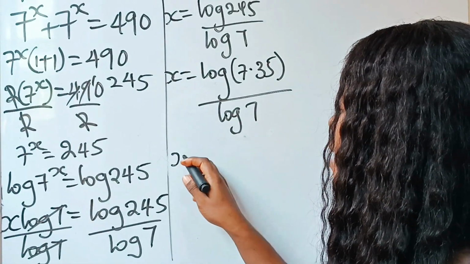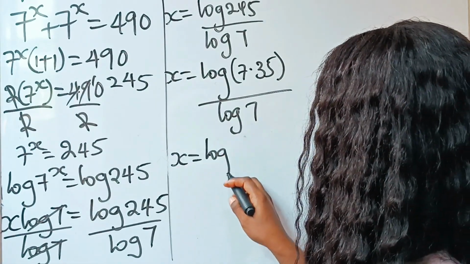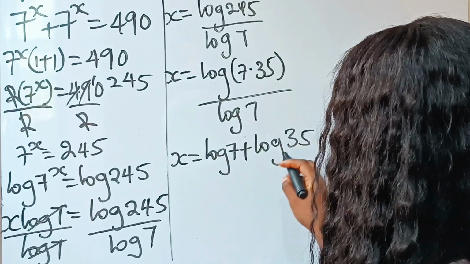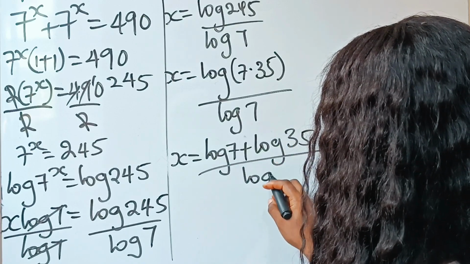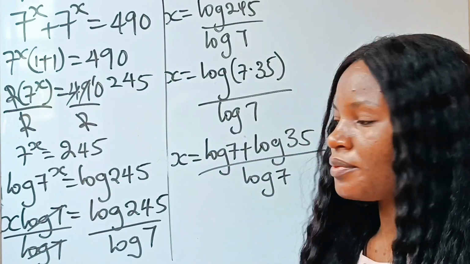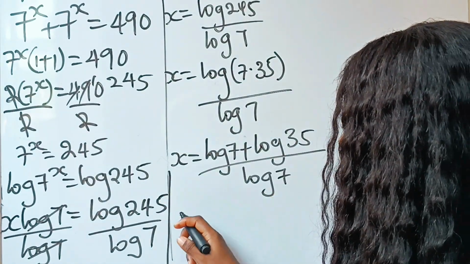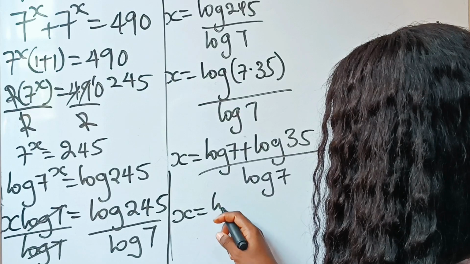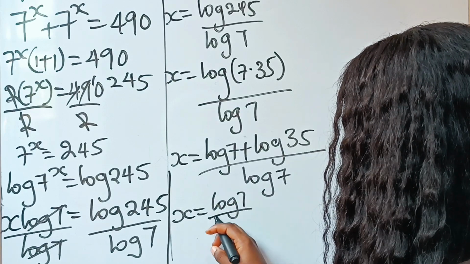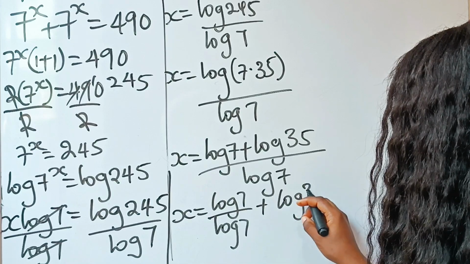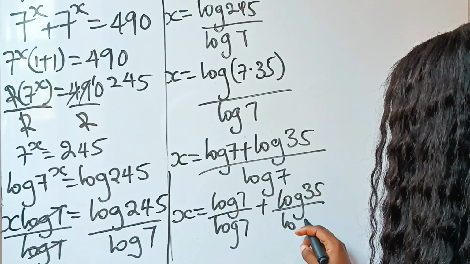So you can write that x is equal to log 7 plus log 35, everything divided by log 7. Okay, so let's distribute the denominator. Therefore we can write that x is equal to log 7 divided by log 7 plus log 35 divided by log 7.